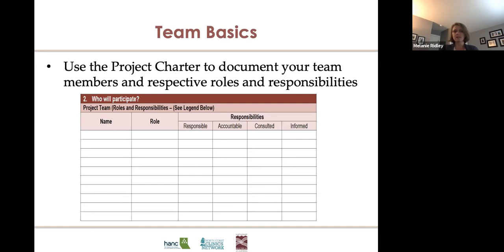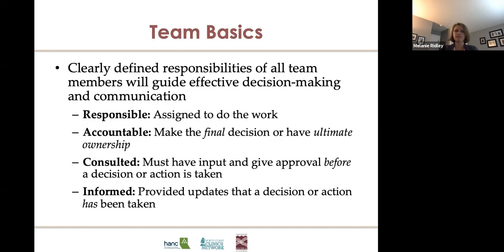In it, there is a place to document your project team, describe what the role is for each team member, and then outline some of the basic responsibilities of the team. So some responsibilities that you may illuminate on this form include who's assigned to do the work or responsible to do certain aspects of the work.